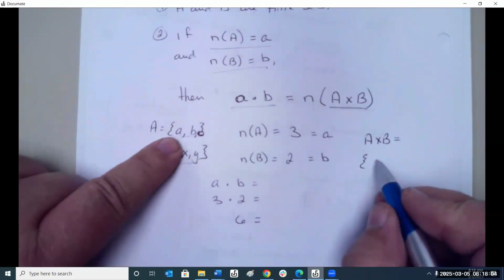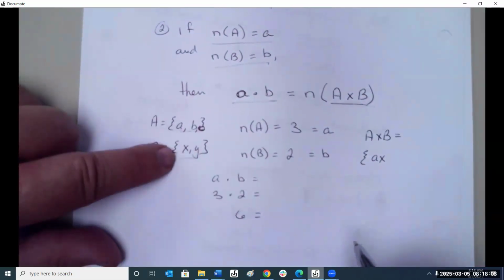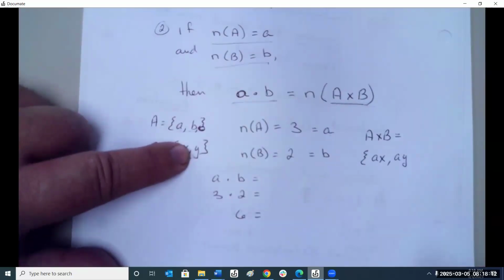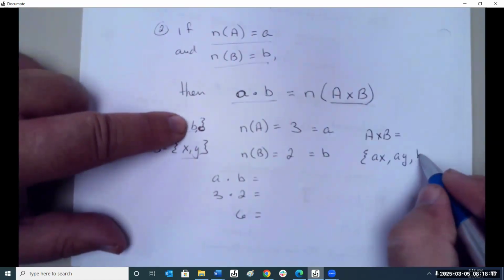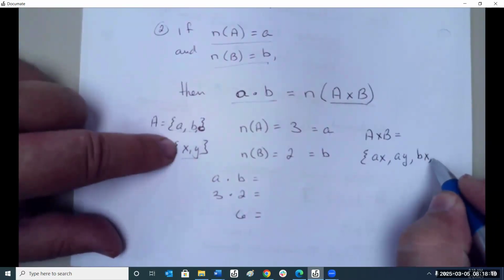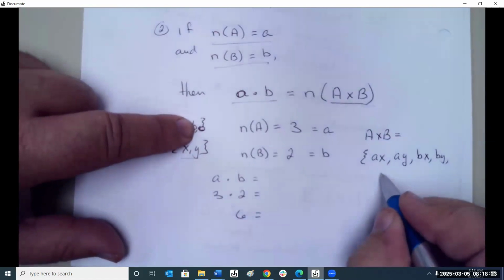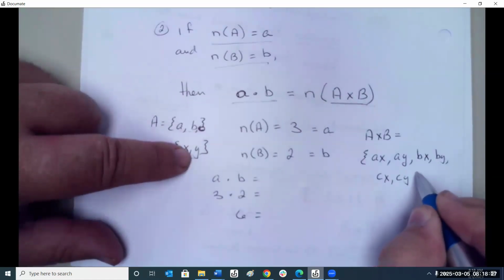So A goes with X. That's the first one. Then A goes with Y. Now B. B goes with X. Then B goes with Y. Then C goes with X, and C goes with Y.